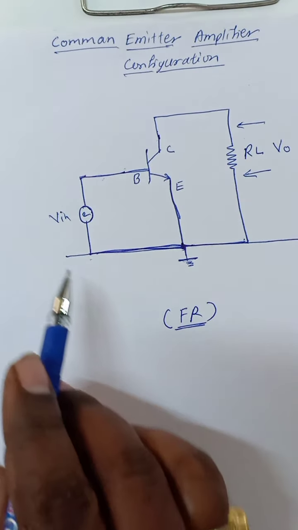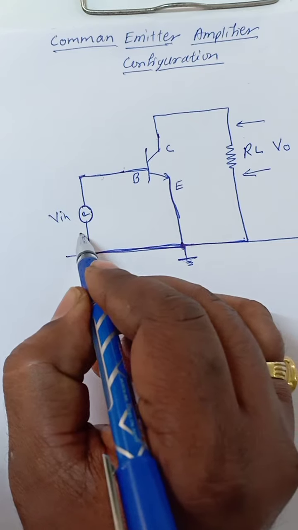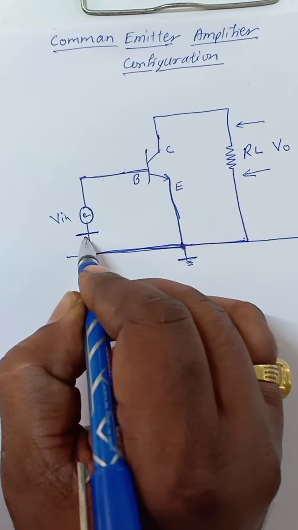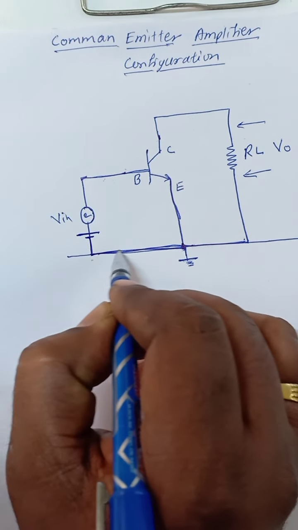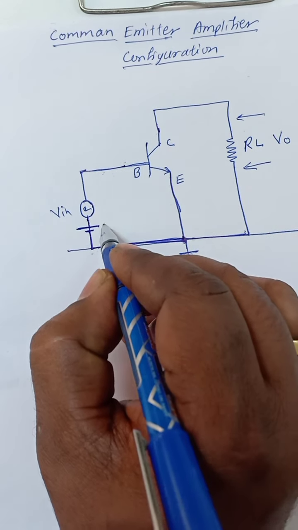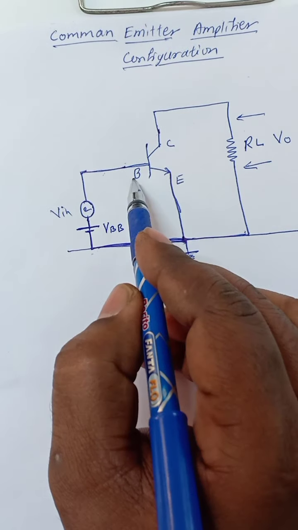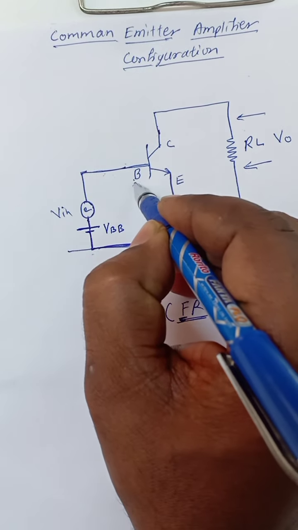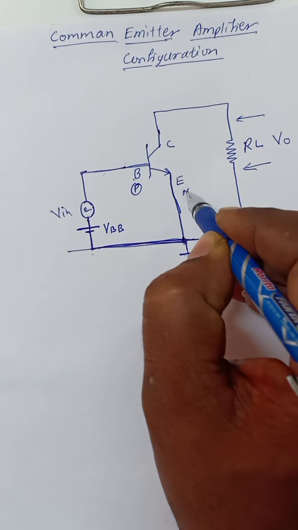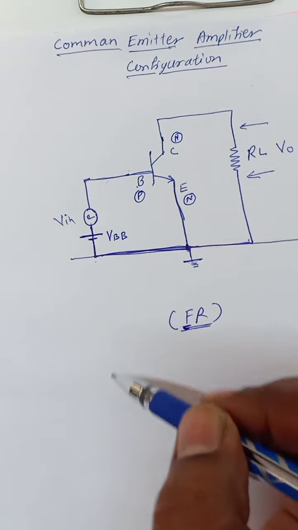For the forward condition, we require a separate power supply connected between base and emitter, named VBB. Positive is connected to the base, which is P type. The emitter is N type, and the collector is also N type, so it is an NPN transistor.